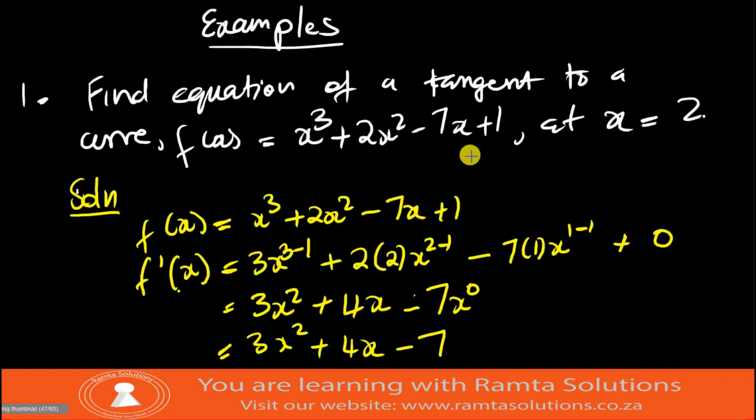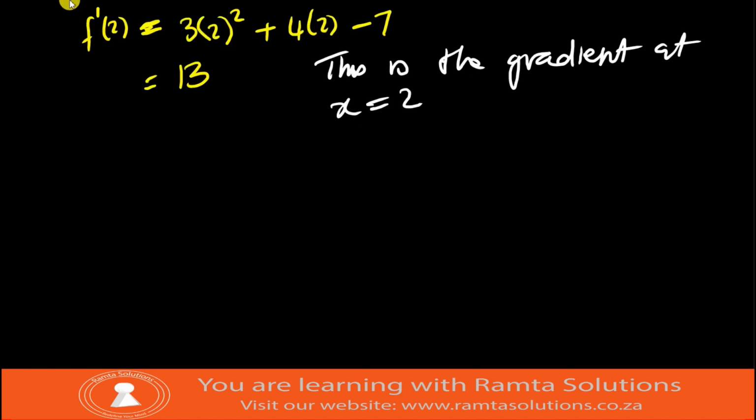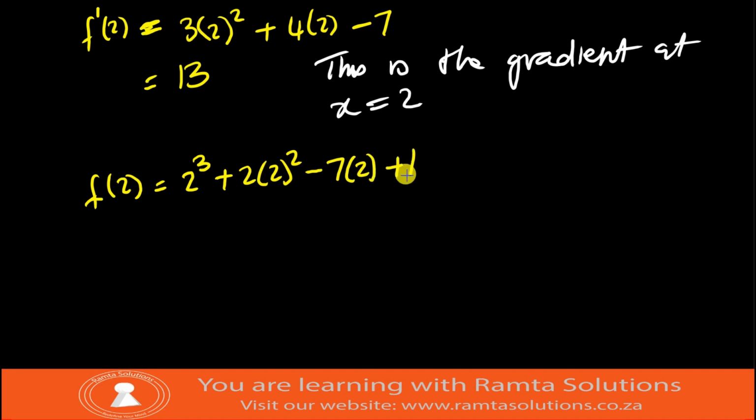Be careful, we do not have the corresponding y value to this. So what do we need to do? We need to find f of 2. What are we saying? On f of x, where there's x, we put 2. So this is 2 to the 3 plus 2 into 2 to the 2 minus 7 into 2 plus 1.